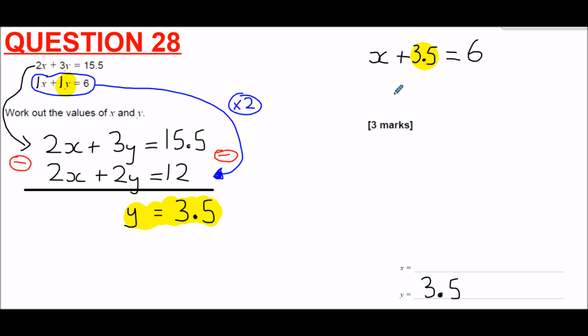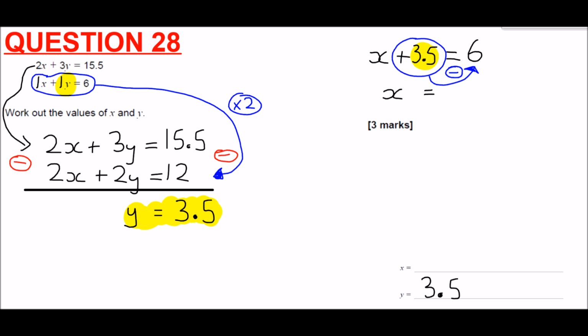Now we need to rearrange this equation to solve what x is. We want to have x on its own. So obviously that 3.5 we don't want. And as you may have heard me in class say time and time again, credit to Simon Ferris, who also uses this way, if you swap the side, we swap the sign. So move this positive 3.5 over to join the 6, and it will change from a plus to a minus.